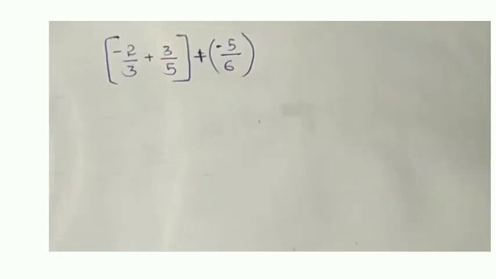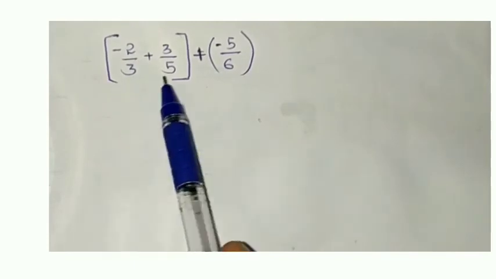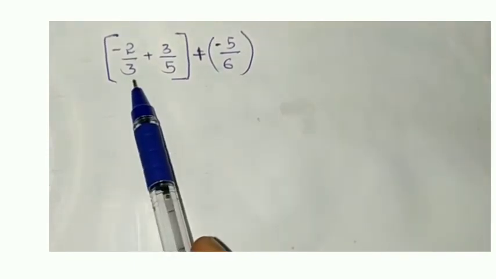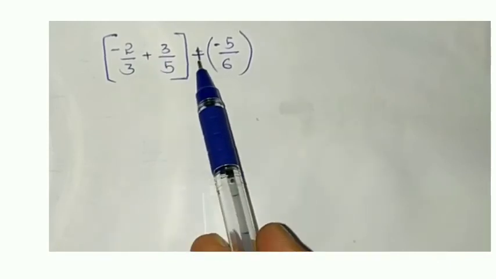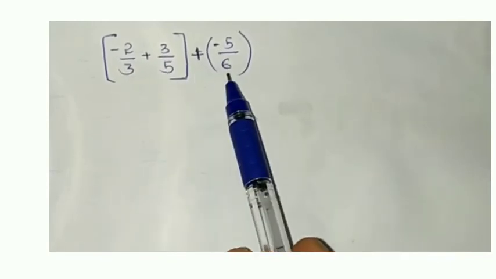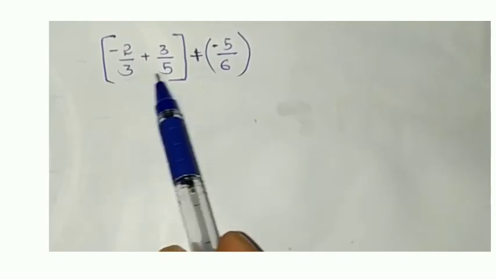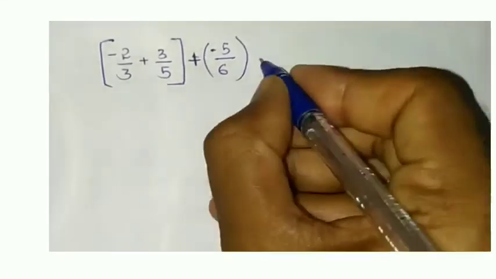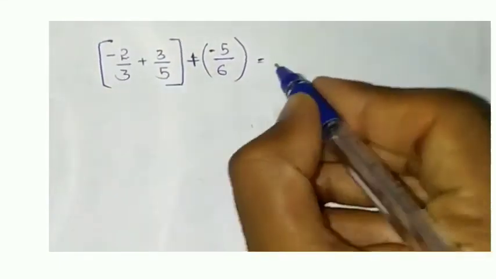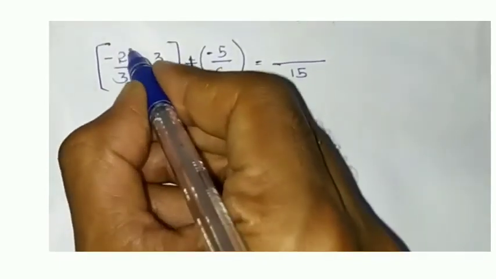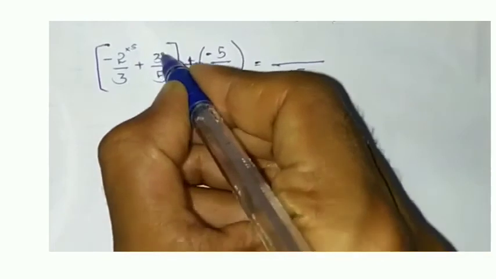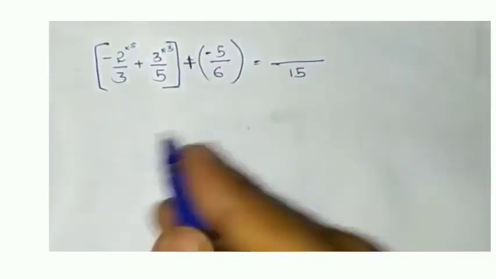Similarly, now applying the square bracket for the first two terms: minus 2 by 3 plus 3 by 5, plus minus 5 by 6. So first add the first two terms. Let's take the LCM of 3 and 5, that is 15. 3 fives are 15, 5 threes are 15.